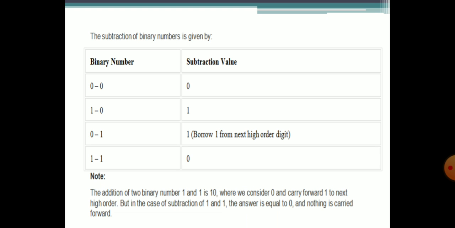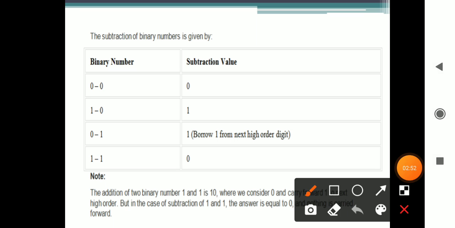See, when we subtract 0 from 0, the result will be 0. We get the answer as 0. And when we subtract 0 from 1, 1 minus 0, the result is 1. You are clear with these two things, I know.